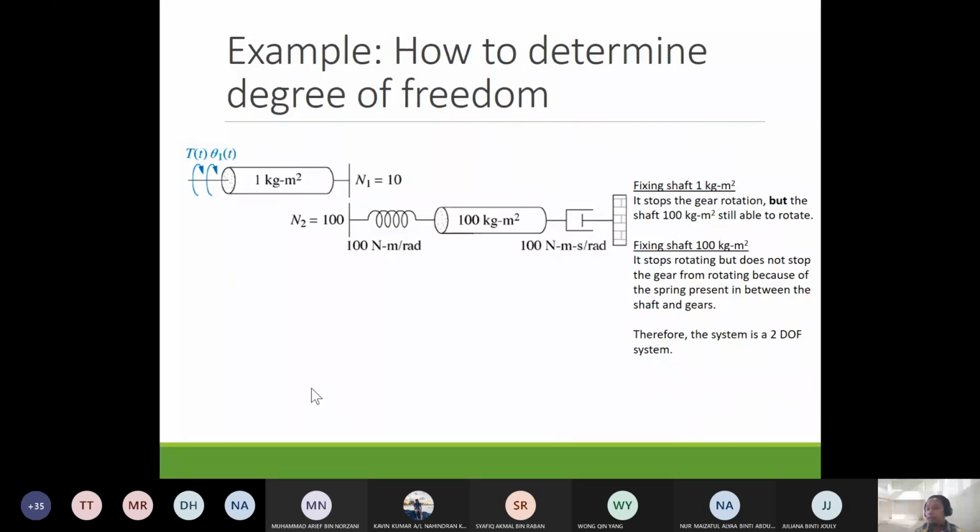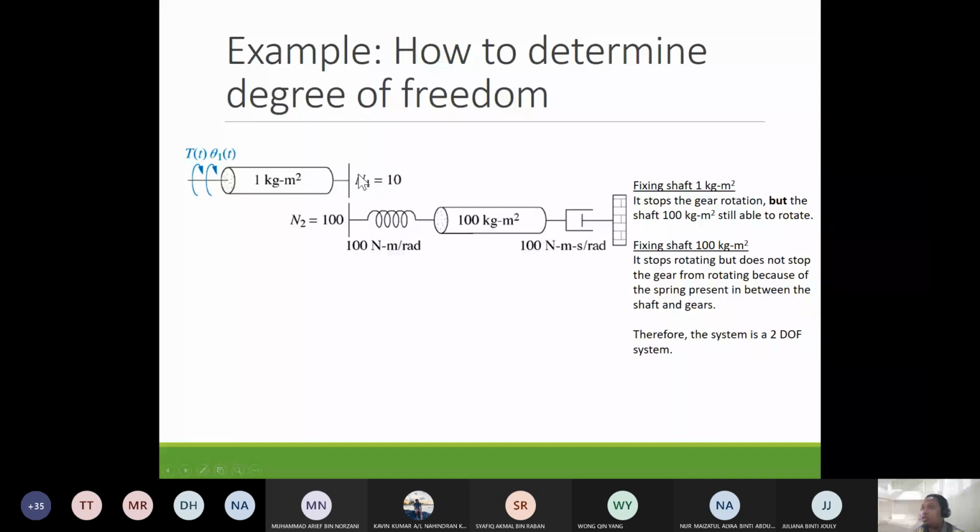For example, in this example given here, this is a system that has 2 degrees of freedom. The reason is because of the spring in between the two shafts here. Let's say you fix shaft number 1, you hold it, then gear N1 and N2 will stop moving.